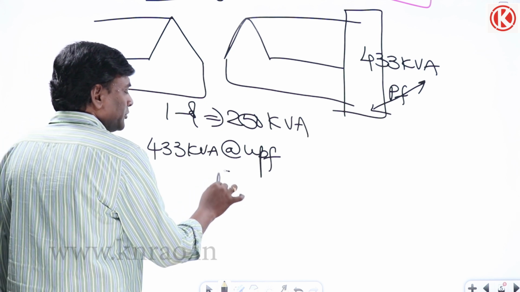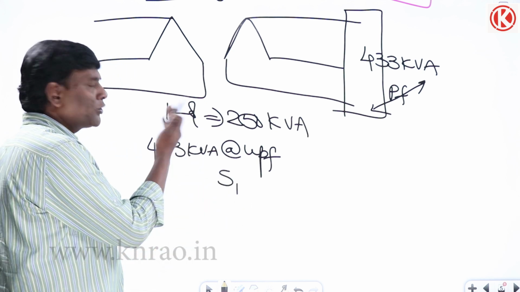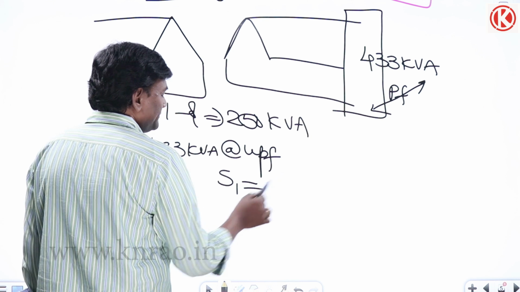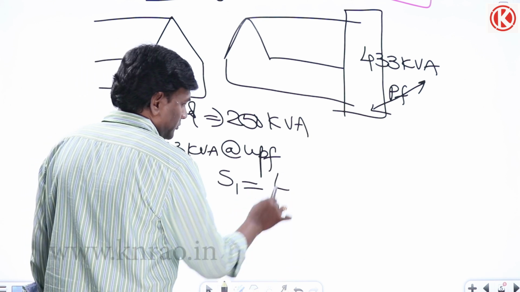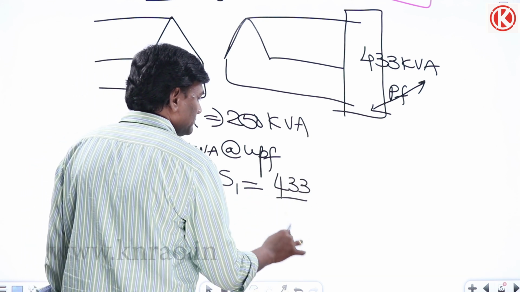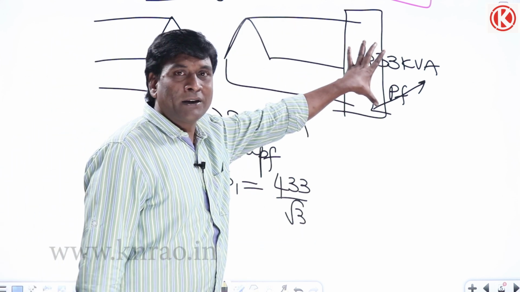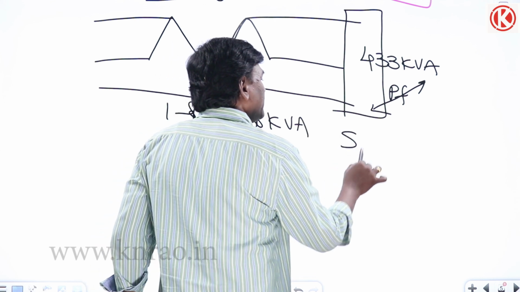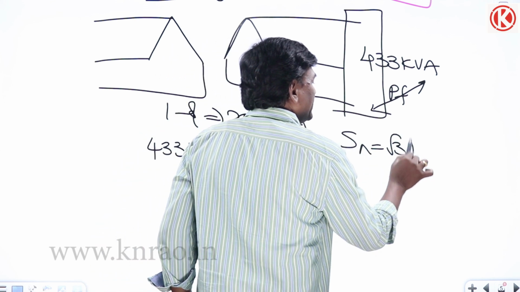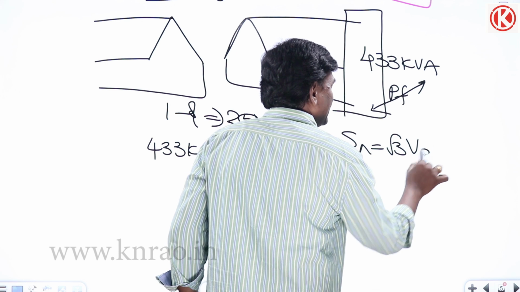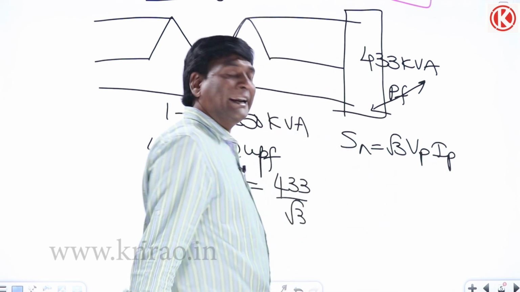Now if I think of S1, the first transformer is going to be at unity power factor, no? So 433 by root 3. Each transformer is going to be total capacity. Let me do this. Open delta equals root 3 V phase, I phase, or V rated, I rated in this case.